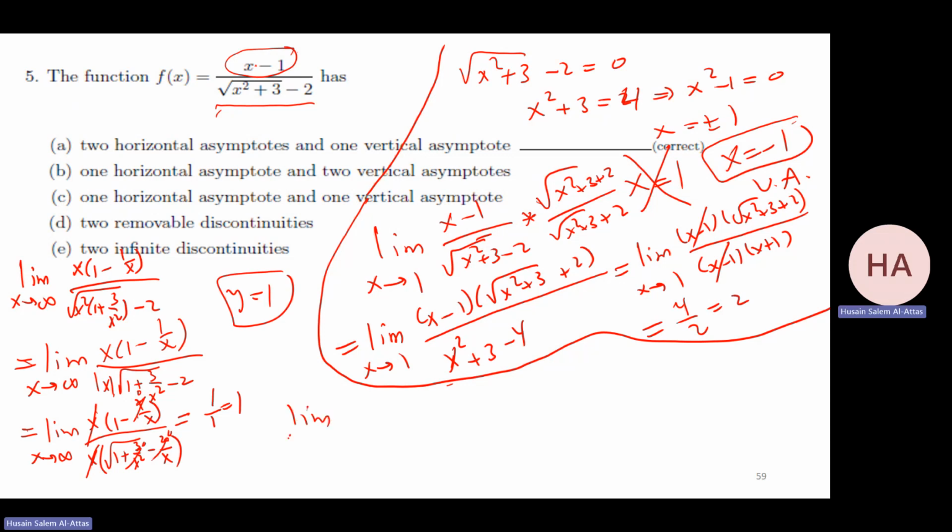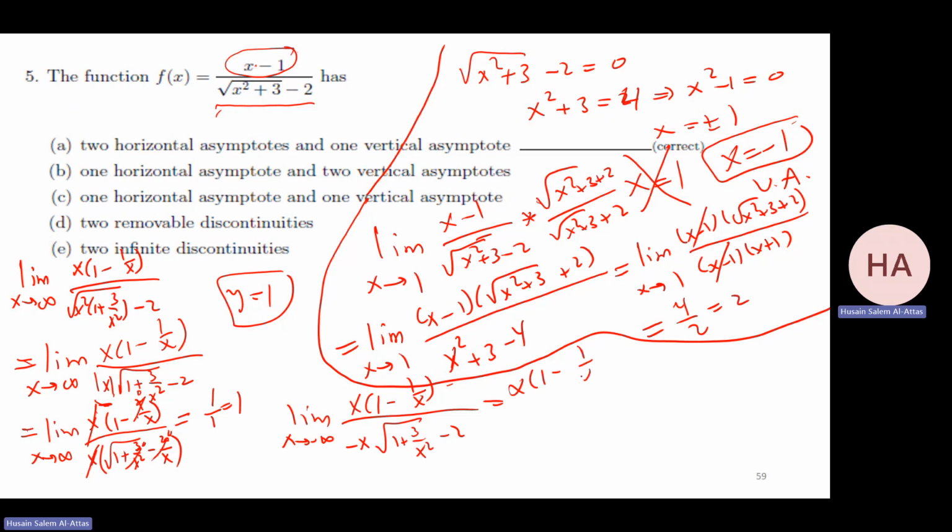Now limit as x goes to minus infinity for the same thing. So instead of x I have minus x, so I have x times 1 minus 1 over x, over minus x times the square root of 1 plus 3 over x squared minus 2.